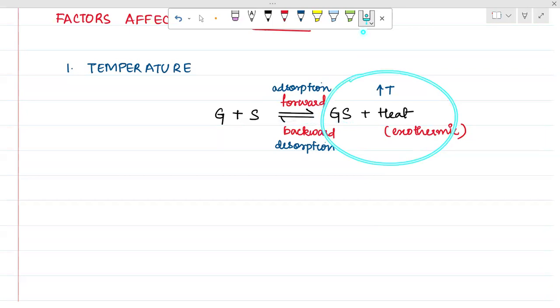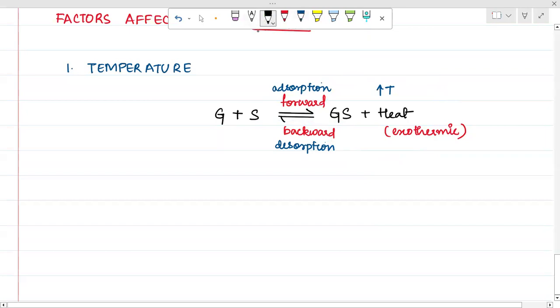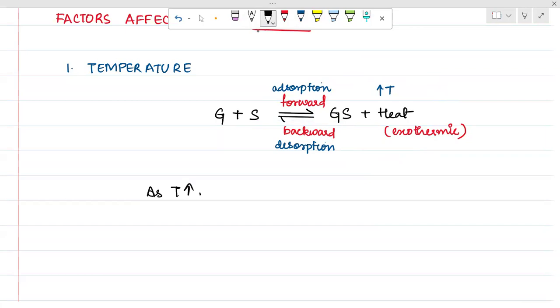So it tends to move towards the left and hence desorption happens. Okay? So I hope that is clear. If it is not clear, please replay it again. All right. So as temperature increases, desorption increases. Or in other words, adsorption decreases.